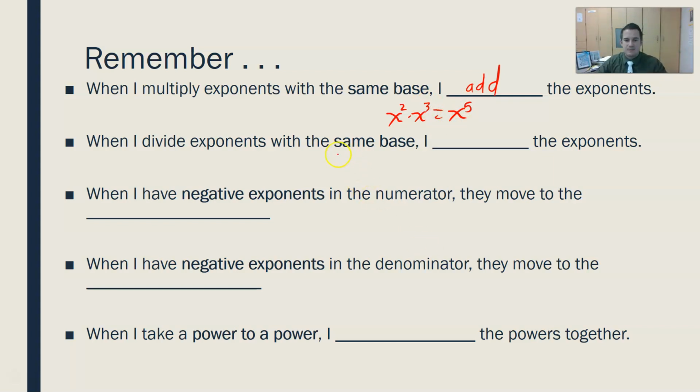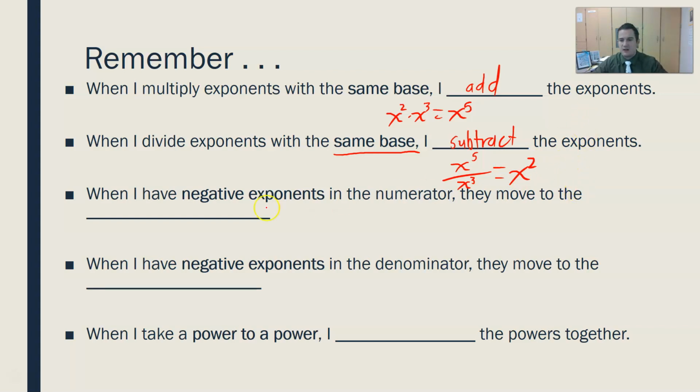When I divide exponents with the same base, I subtract the exponents. So if I have x to the fifth divided by x to the third, 3 of the x's in the top will cancel with the 3 x's in the bottom, leaving me with x squared. So I subtract those exponents.